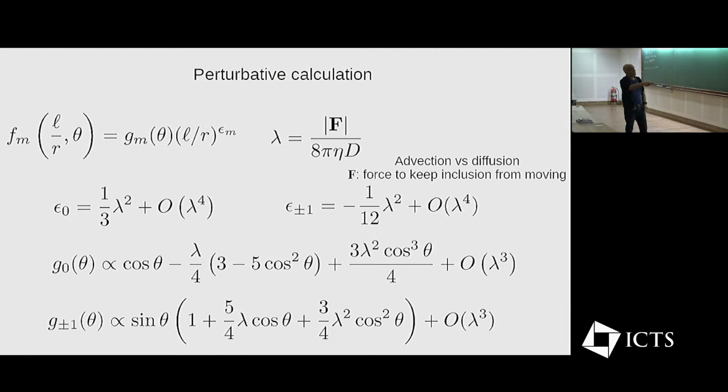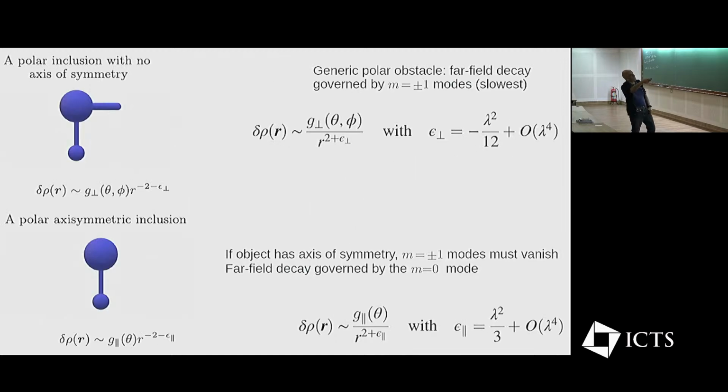Okay, and you can work these out. You get these two behaviors. So what does that mean? Let's see which of these applies to which case. If you have a general inclusion with a polarity and no axis of symmetry, then the m equals plus or minus 1 modes will matter. The decay will be as 1 over r to the 2 minus this quantity.